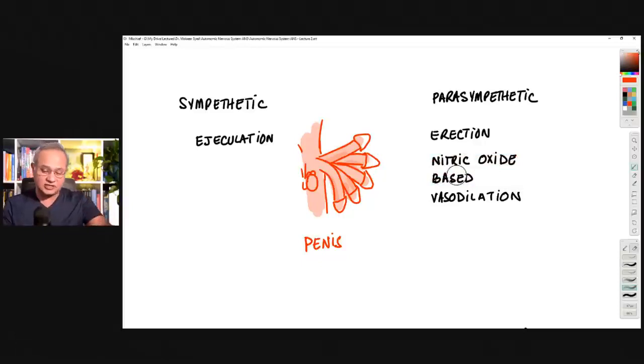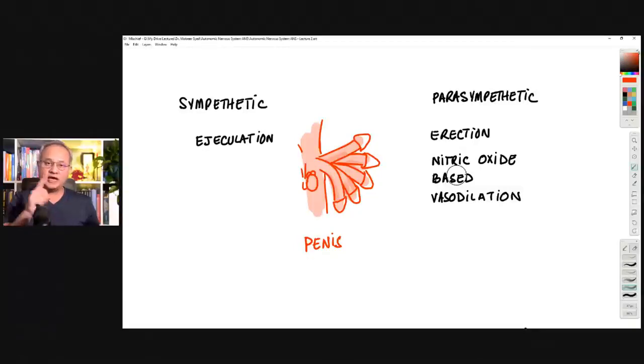And we have done the nitric oxide discussions in the past about the vasodilatation with nitric oxide. Nitric oxide molecules help with the relaxation of the smooth muscle cells in the blood vessels. Parasympathetic system causes blood vessel dilatation in the penis by nitric oxide production.